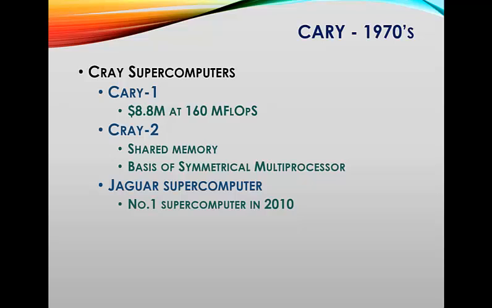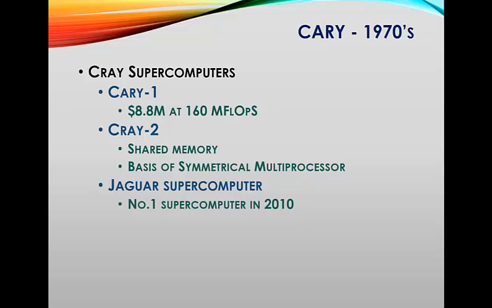Cray was one of the founders of modern supercomputers, and he created the Cray 1, which was produced in 1976. It had many thousands of individual cables that had to be connected together to provide the computing capabilities that Cray was capable of delivering.